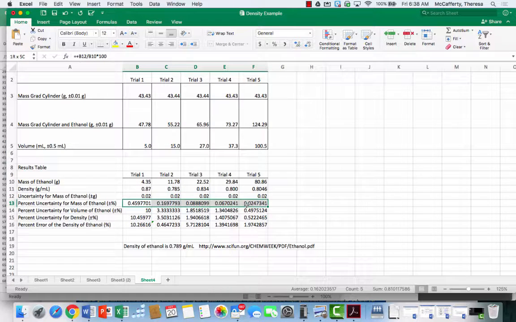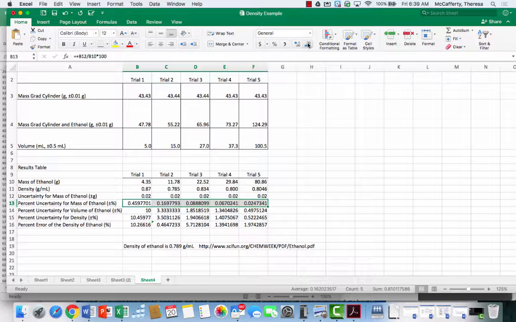Percent uncertainty, we're going to make these, is that actually times 100? Pretty low percent uncertainties. Yeah, I guess it would be though, wouldn't it? All right, thinking out loud.